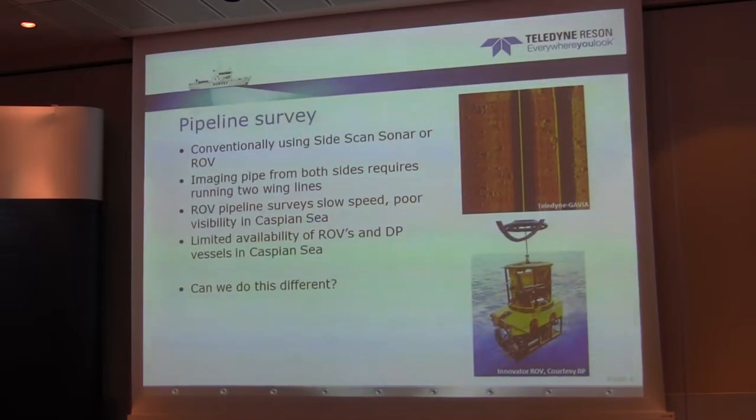And then there's also that the Azerbaijan state wouldn't really stimulate ship owners to bring their ships into the Caspian Sea. It's landlocked, first of all, so it's really hard to get DP vessels and ROVs in the Caspian Sea.